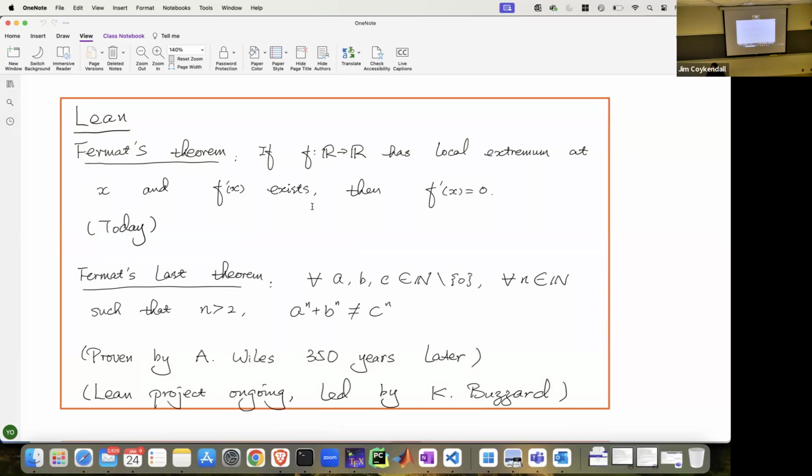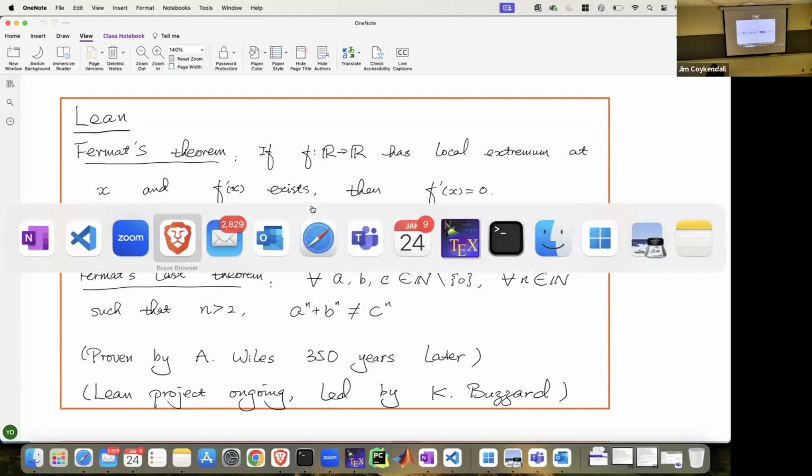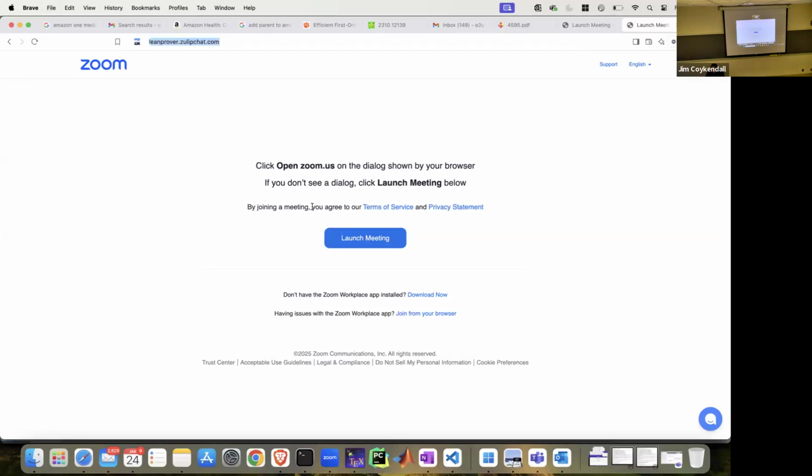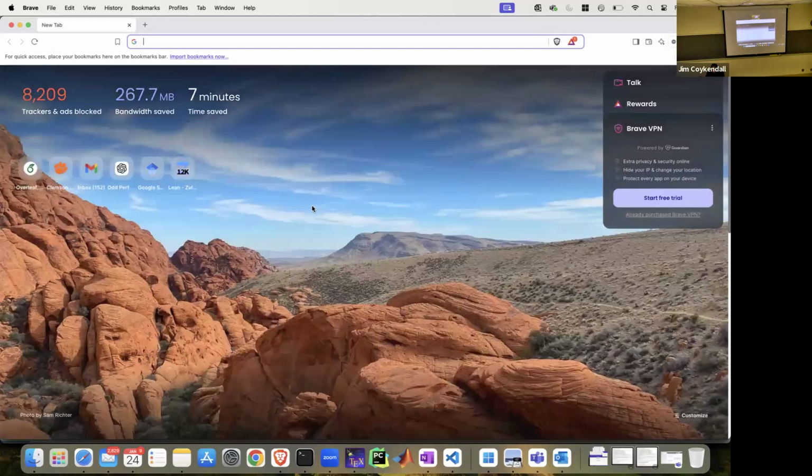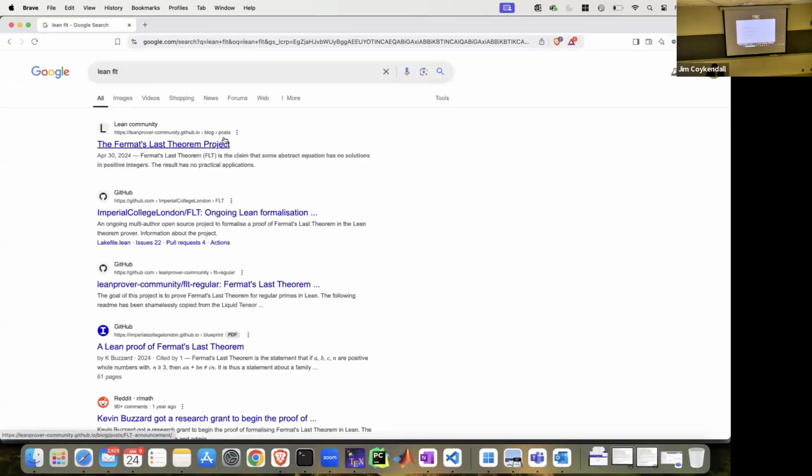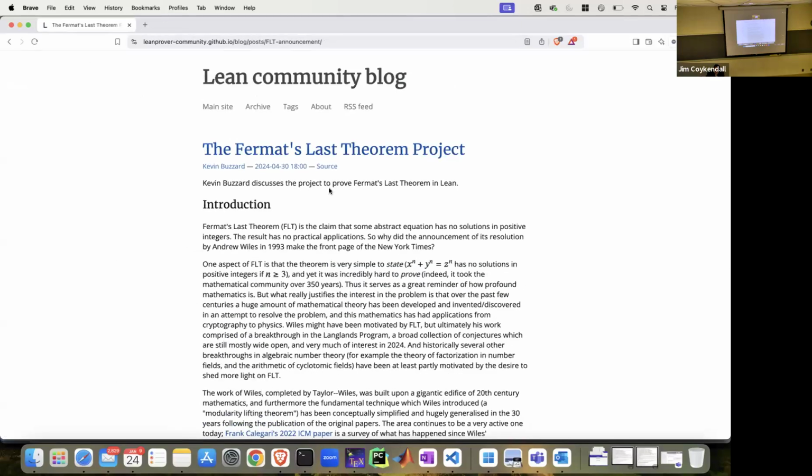Regarding Lean verification, I'm doing the trivial work today, by showing Fermat's theorem in calculus. For Fermat's last theorem, there is actually an ongoing project of proving it in Lean. If you take a look, there is a Fermat's last theorem project in Lean, led by Kevin Buzzard.